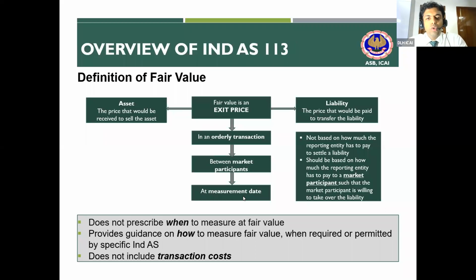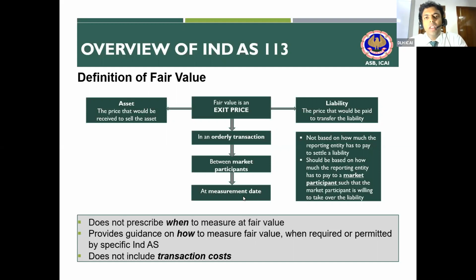Right, guys? So this standard Ind AS 113 does not prescribe when to measure fair value, because that guidance has been given by other standards. This only provides the guidance on how to measure fair value when required or permitted by different accounting standards. Different methodologies have been provided by Ind AS 113 to compute the fair valuation.